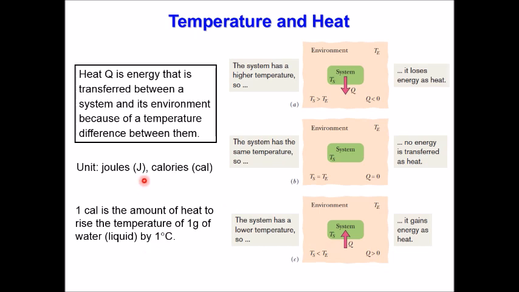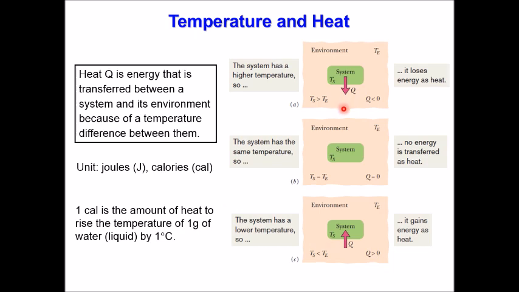Why does heat have different units? Well, historically we didn't know that heat is energy. What people believed before is that there is a fluid called caloric fluid. This caloric fluid exists in a hot environment, a hot system.